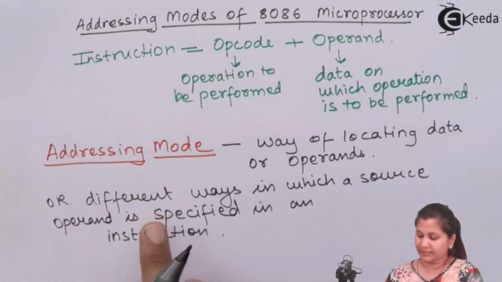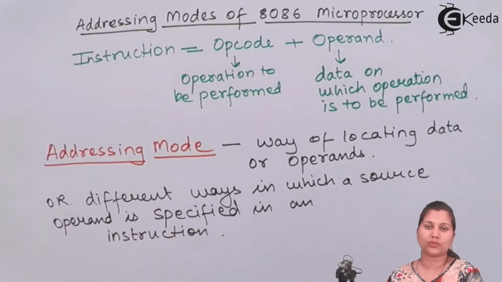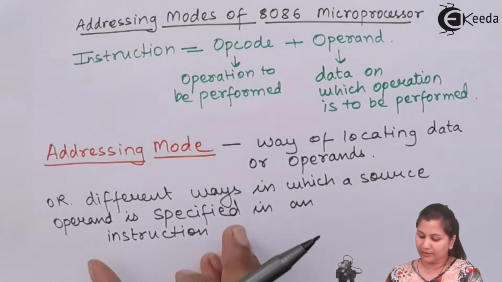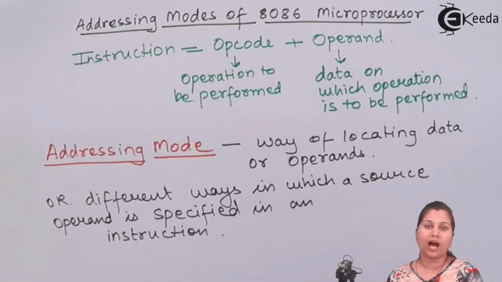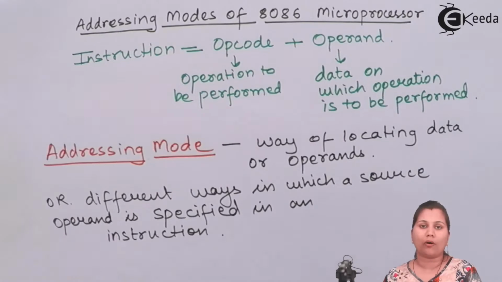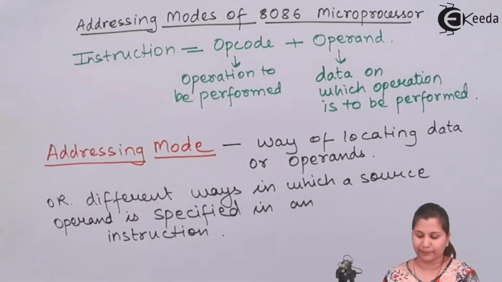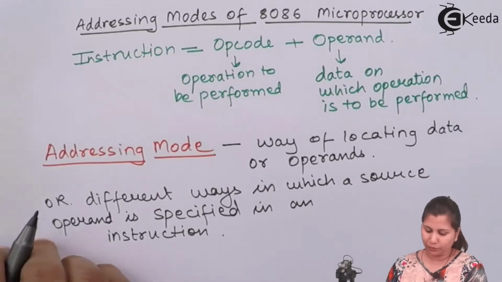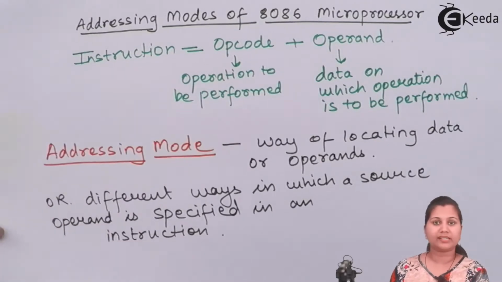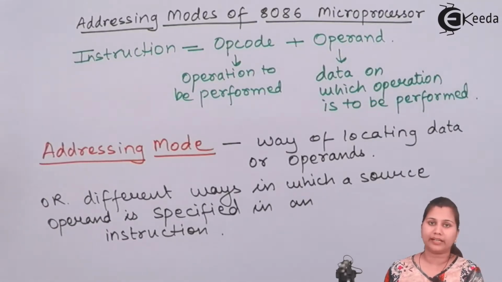Or we can say it is the different ways in which the source operand is specified in an instruction. That is known as the addressing mode: how we are addressing the operands in the instructions. In this video, we will study the various addressing modes used in the 8086 microprocessor.